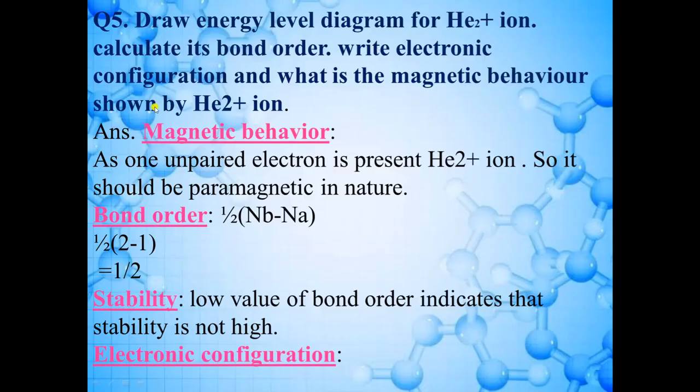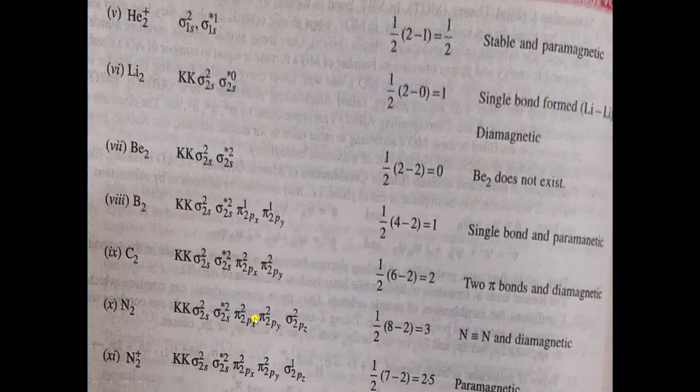So you will put the values. It will come equal to 1 by 2. Value of bond order is less, so it has less stability. So this is the electronic configuration of helium 2 positive, this is the bond order and these are the characteristics.